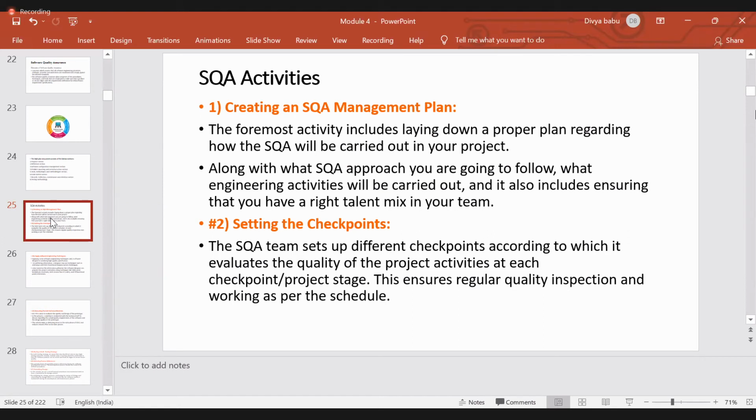First, for coming to an SQA management plan, you should have a proper plan. Then you should set the checkpoint. Means what are the different project stages where I need to check. So that checkpoint you need to fix. That is the second thing.